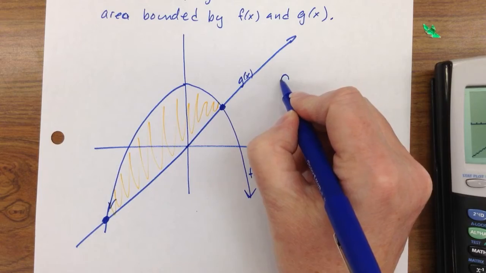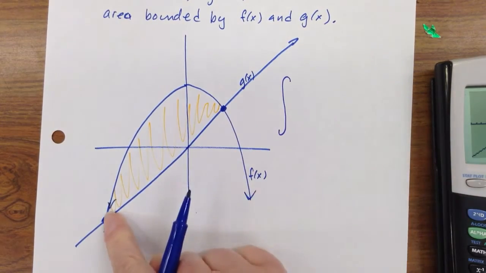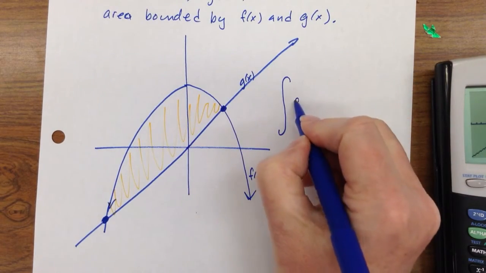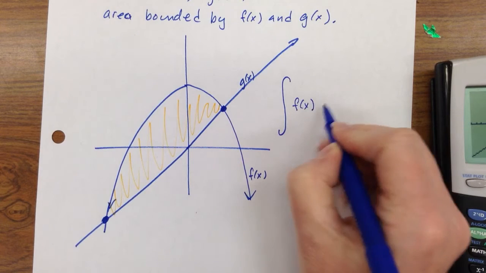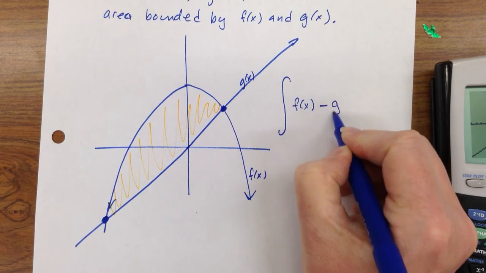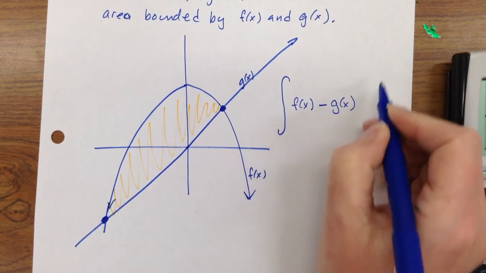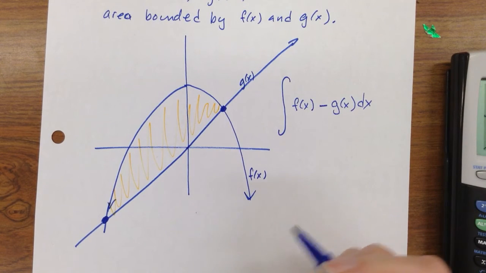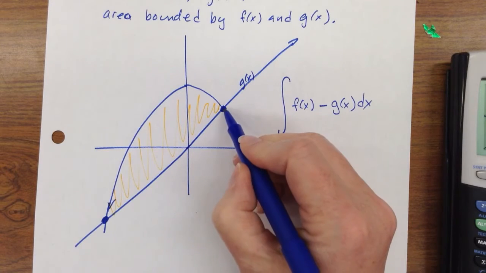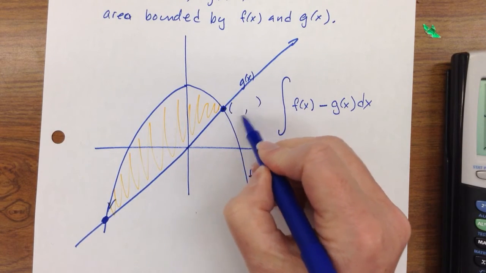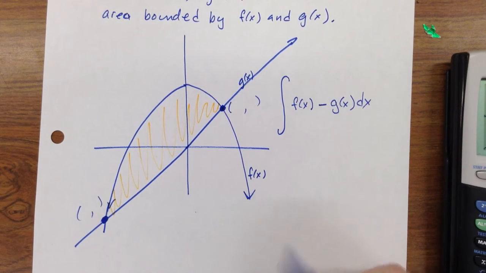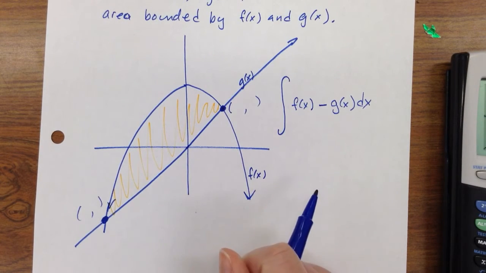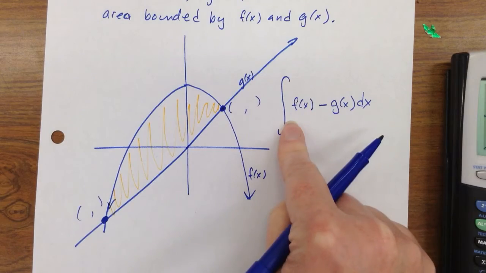So we're going to integrate the top curve, my f of x, minus my g curve, the lower curve, with respect to x. But we actually have to find the x limits. Well, ladies and gentlemen, the x limits are just the x coordinates of the points of intersection. So if we can find those, we have found these.